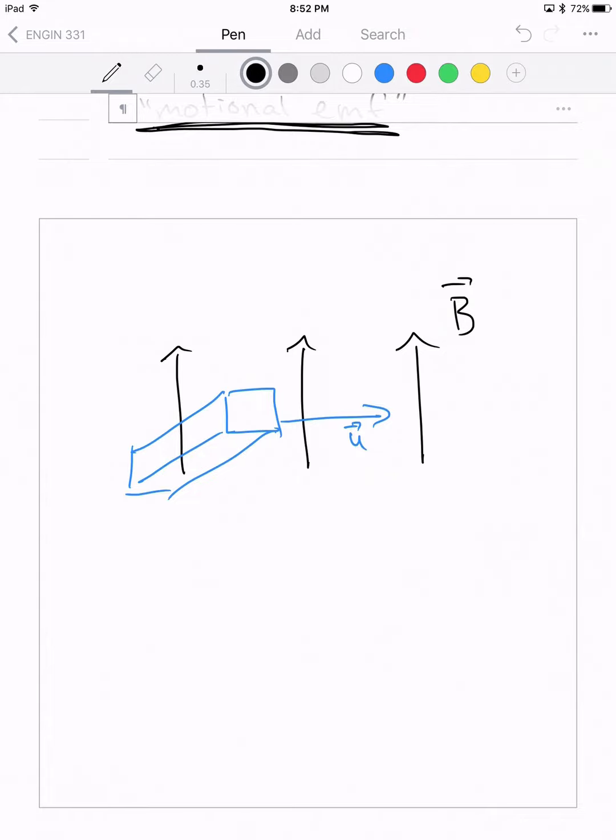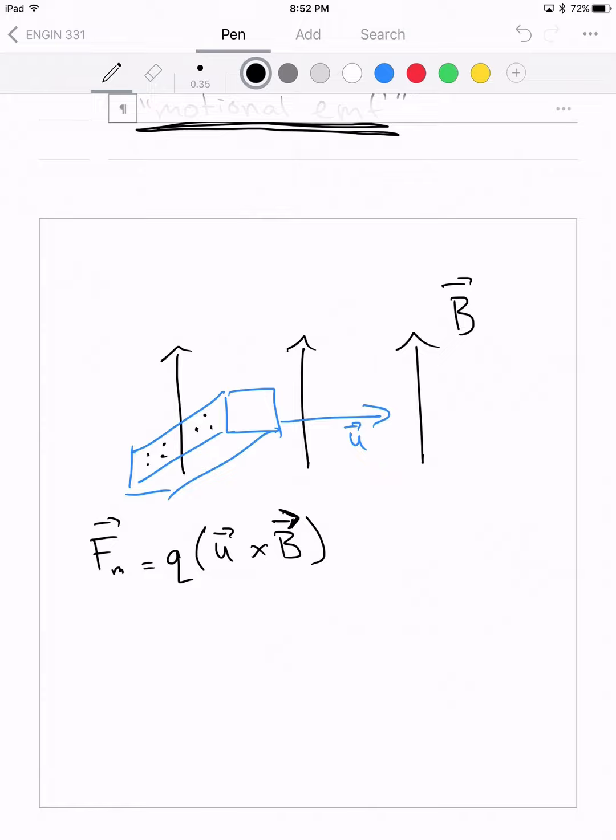Think of it this way. In the reference frame, there are charges in the conductor that are moving, and those charges experience a magnetic force, which is Q times the velocity cross the magnetic flux density, as usual.